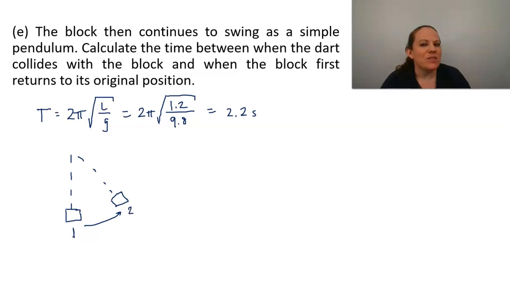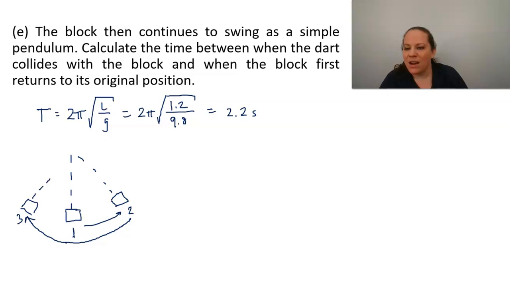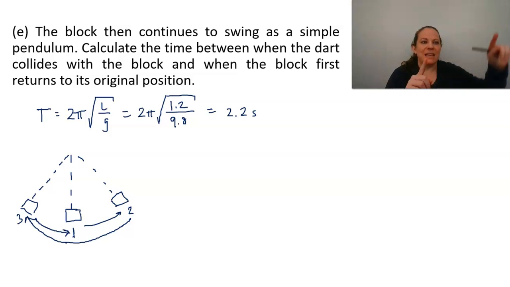A complete swing would then take us all the way across to position 3 over here, same angle away, but on the other side. I don't have it drawn perfectly. And then we would still have to return back to position 1 to make a complete swing.